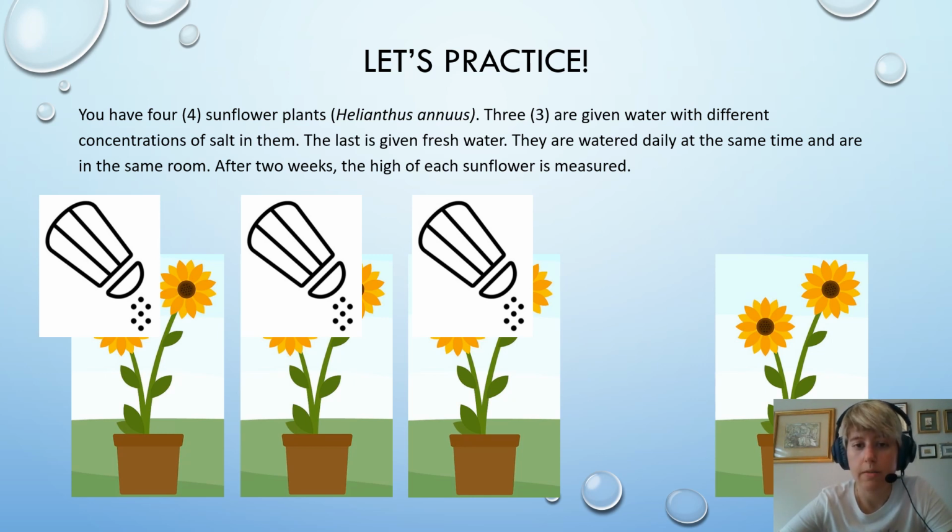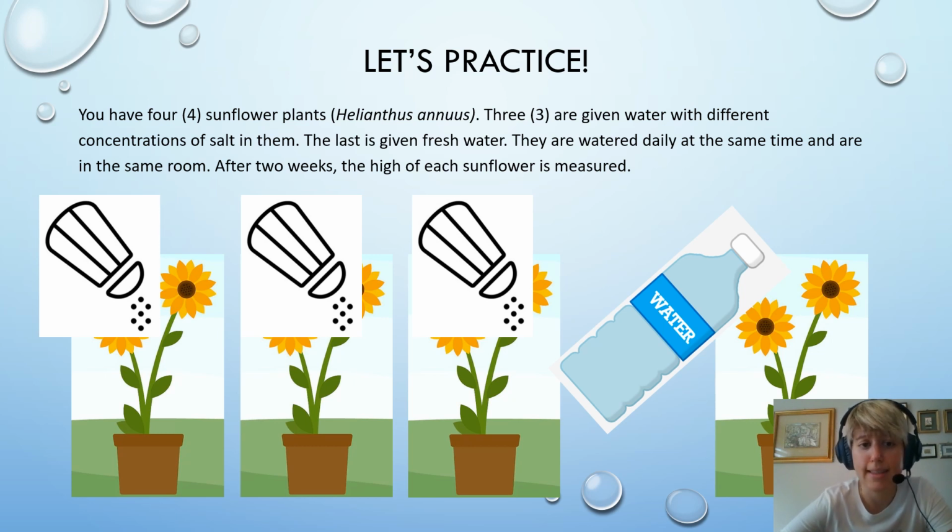And the last one is given fresh water. They're watered daily at the same time and are in the same room. After 2 weeks, the height of each sunflower is measured. So pause the video and again, try to figure out what the problem is, what the control scenario is, what the independent and dependent variable is.